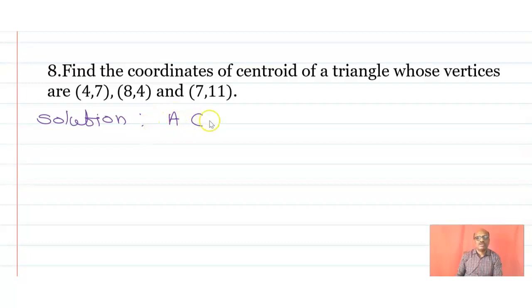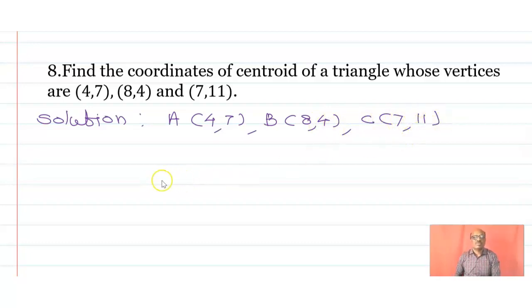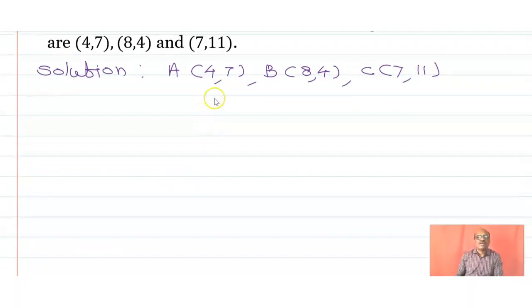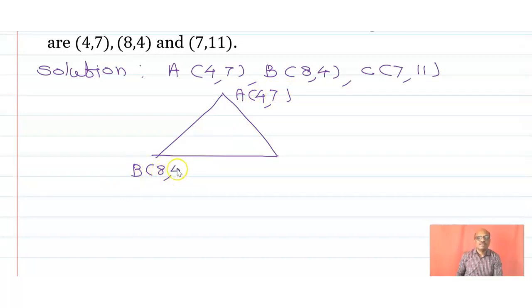Suppose A is a point 4, 7, B 8, 4 and we called this C, 7 and 11. Okay. These are the vertices of the triangle ABC. This is the triangle ABC. A 4, 7, B 8, 4 and C 7 and 11.